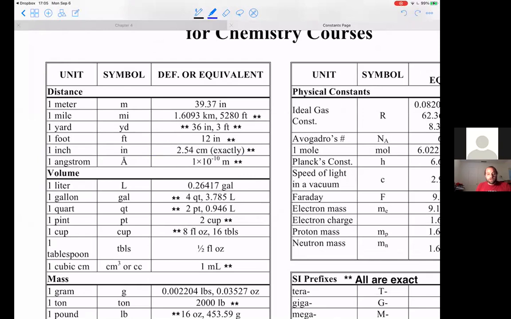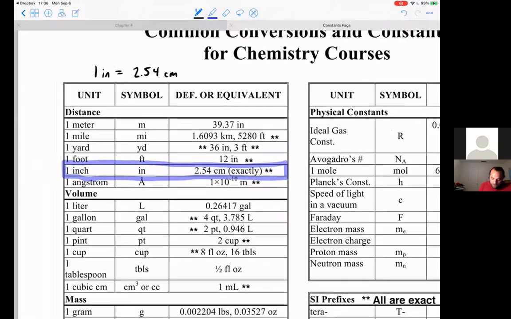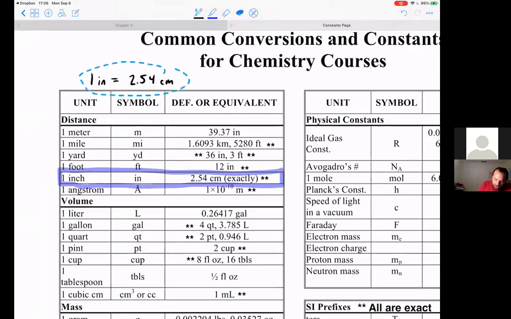How do we get a conversion factor from the information on this table? Well, what this box right here is telling us is 1 inch is equal to 2.54 centimeters, right? And remember how we did this last time with our metric prefix conversions.